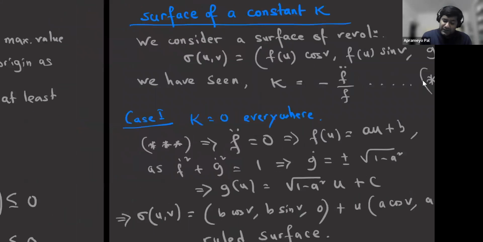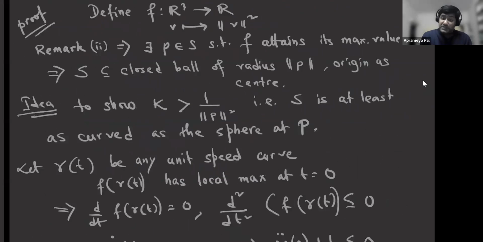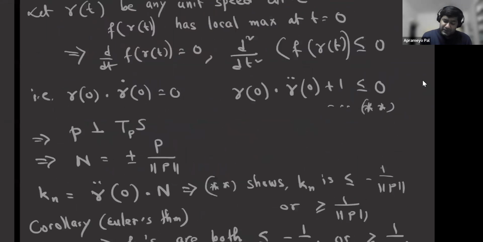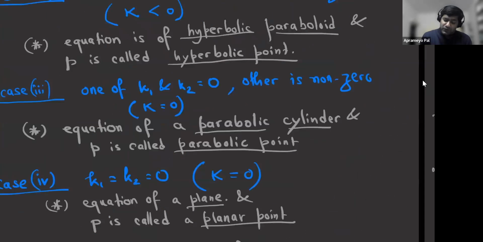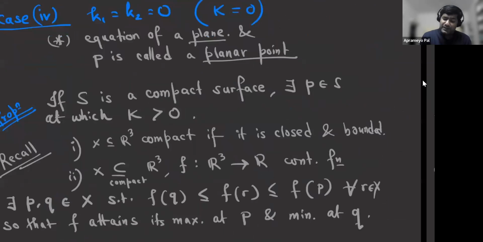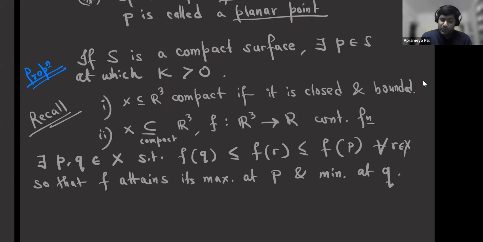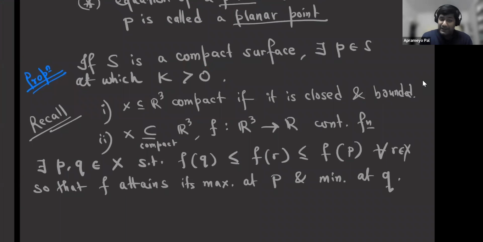And for a general compact surface, we have already seen this classification. We have been able to find a point where K is positive, and if it's not a sphere, we have also been able to find a point where the Gaussian curvature is 0 or negative.